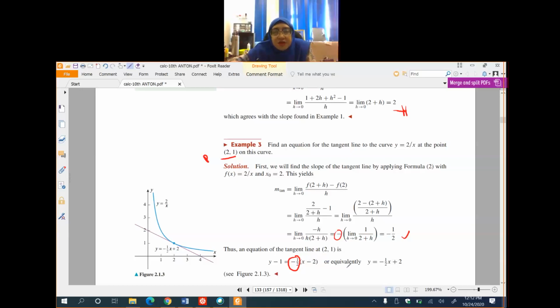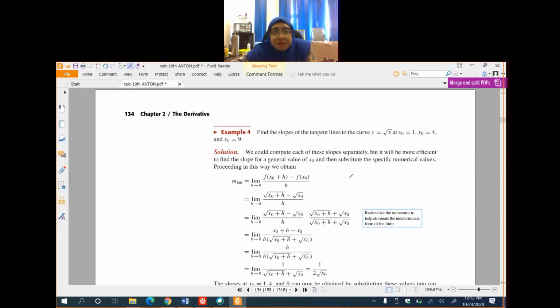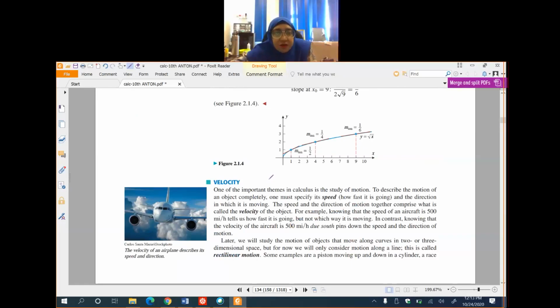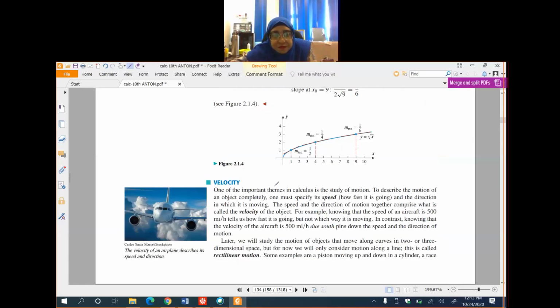So x minus 2. So this is the equation of the tangent line. I think you can do example 4 and so on. It's not too difficult.